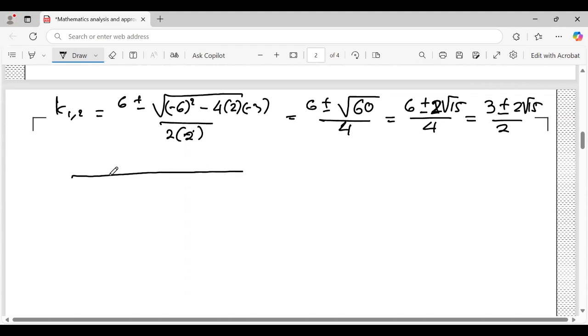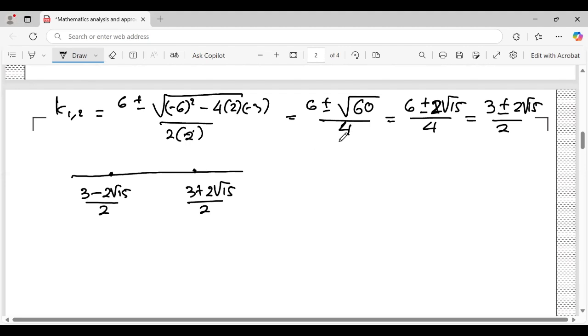Number line. Okay, this is 3 minus square root 15 over 2, and this is 3 plus square root 15 over 2.